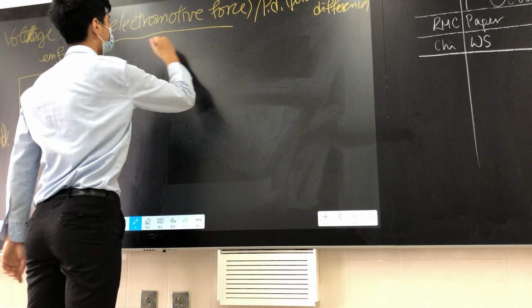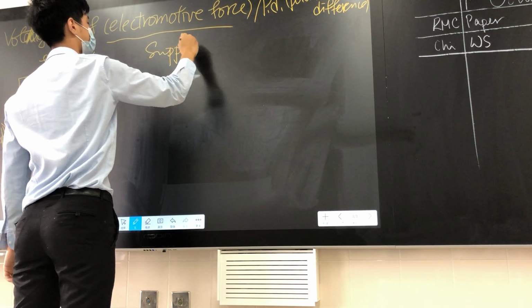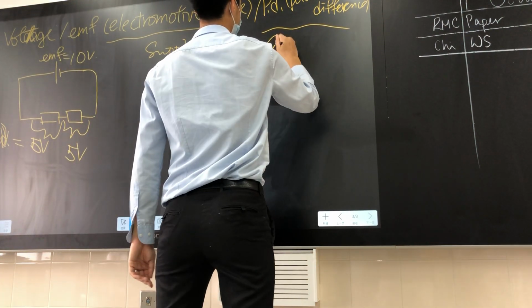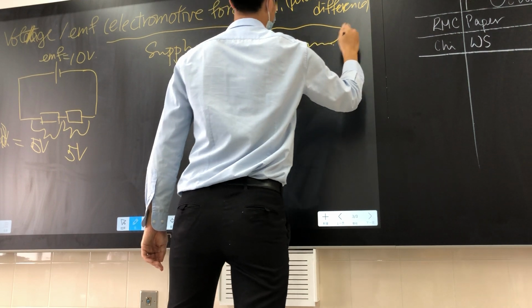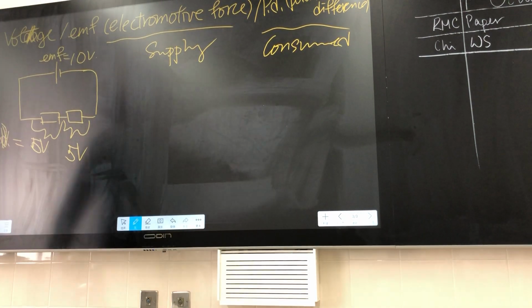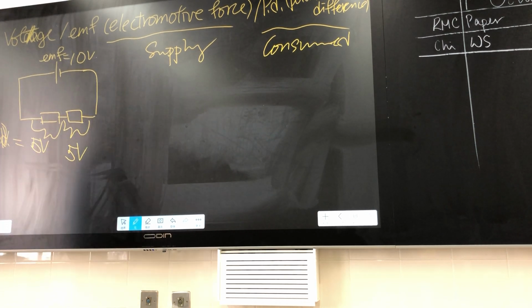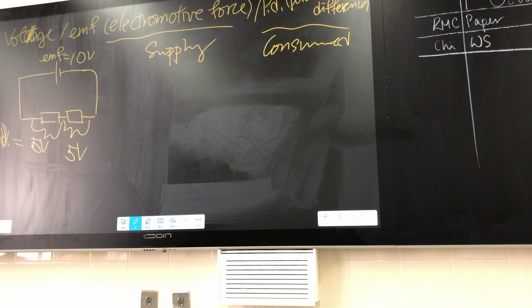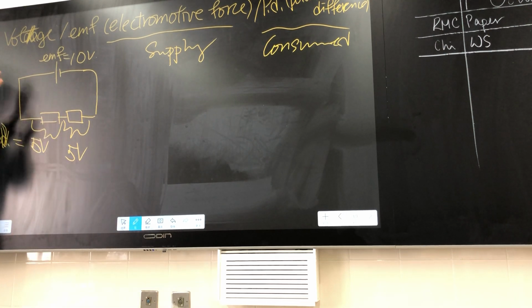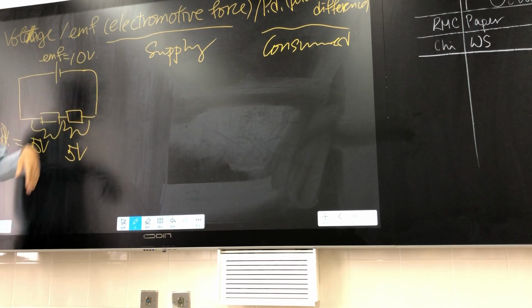So this is the voltage supplied. So this is the voltage consumed. Okay, so both these two words are related to the voltage, and actually they are equivalent. So if there is no special notation, actually you can say all these values are voltage.